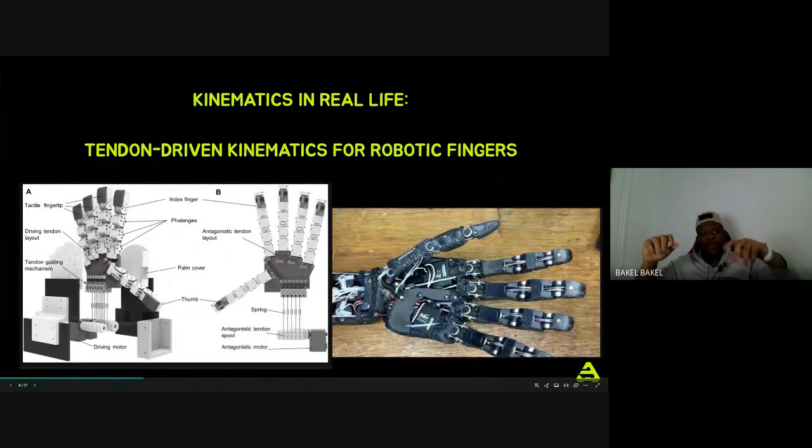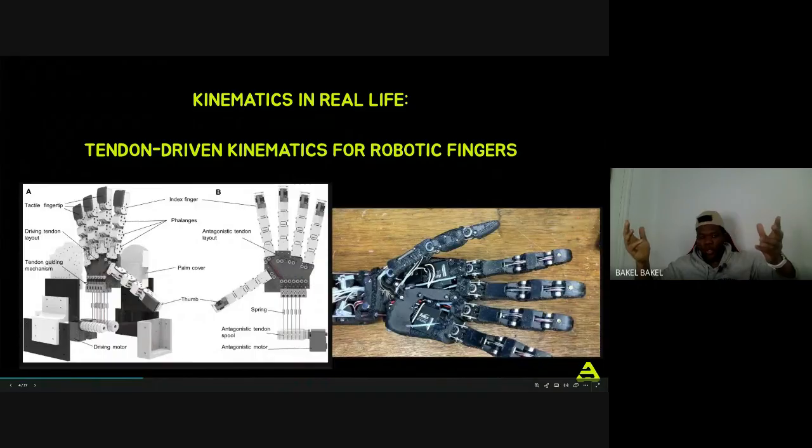There are very tiny motors now that function pretty well, but innovation makes it easier to think of another way to do kinematics or to control the hands.